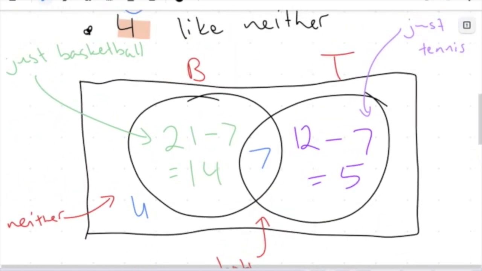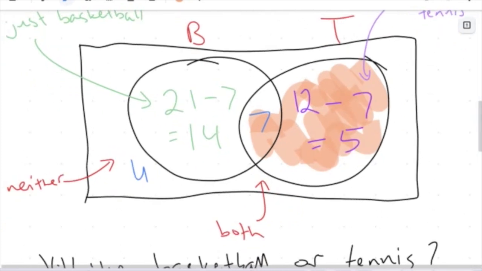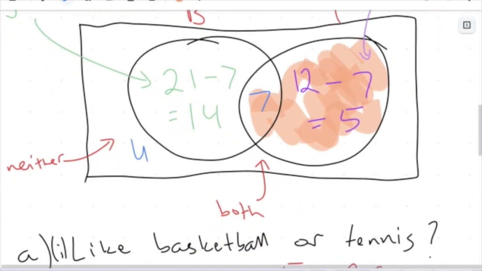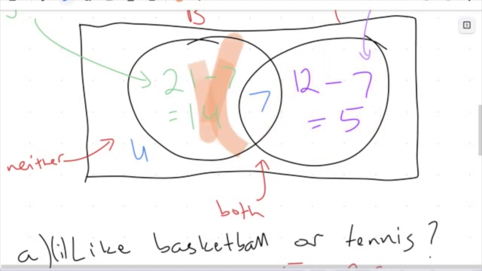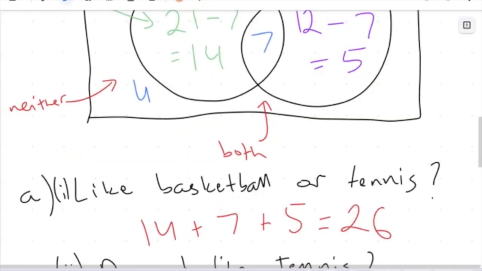So we are looking now at everything except for this section here, because considering the spaces again, my both, they're still classified as people that like tennis. And my 5 are classified as people that only like tennis. So we're considering the people that like only basketball to answer this question, as well as those that like neither.